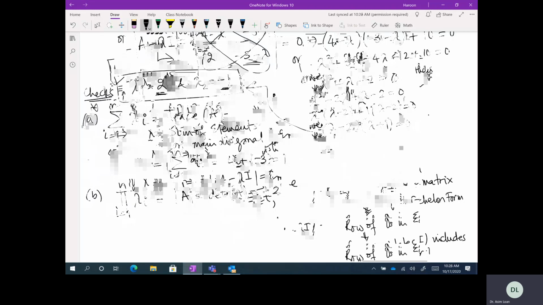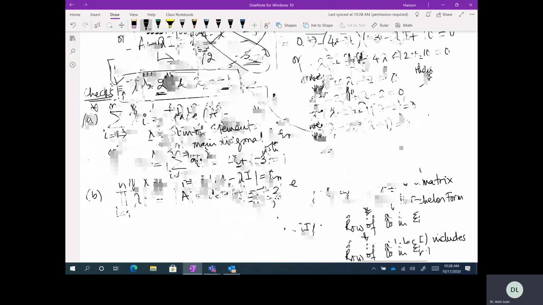We'll see in chapter 6 that a matrix which has a positive determinant is called a positive definite matrix, and one which has a determinant that is either 0 or positive is called semi-definite.